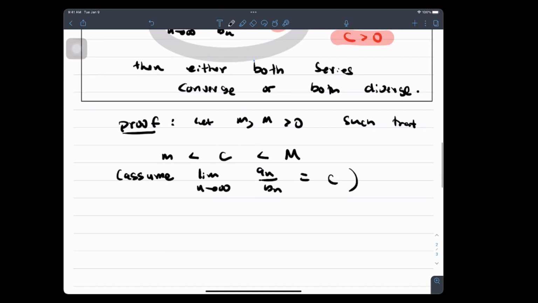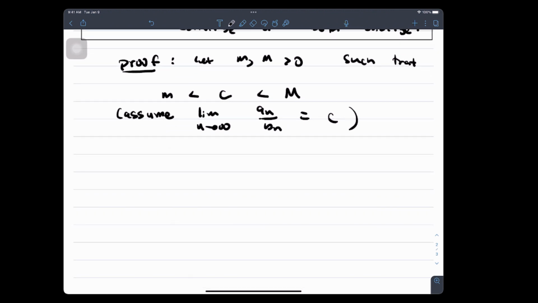So all we're going to say is assume that AN over BN, right, this is close to C for some value n bigger than that natural number.